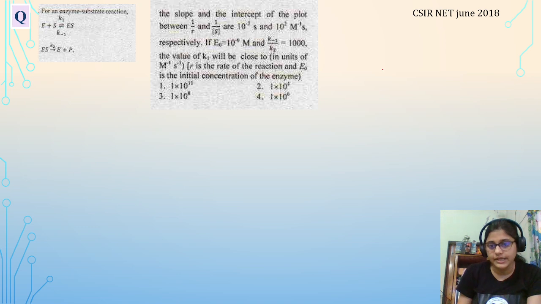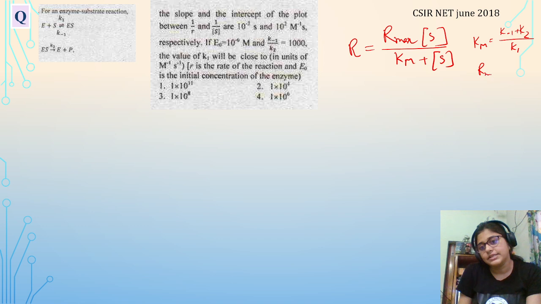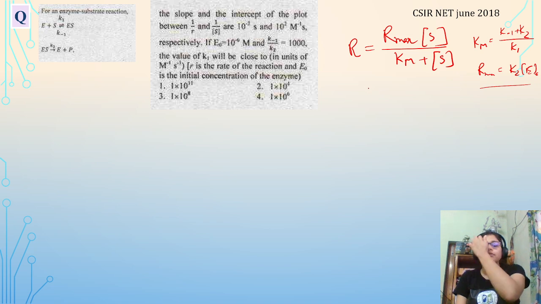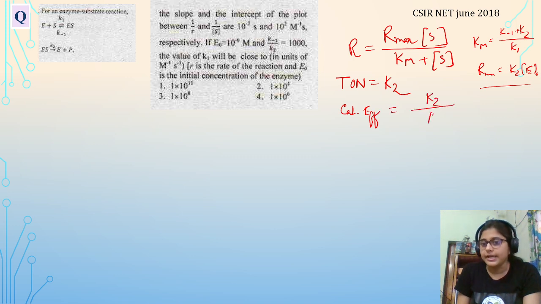R equals R max into S by Km plus S, where Km equals K inverse plus K2 by K1, and R max equals K2 into E0. The turnover number is equal to K2, and the catalytic efficiency equals K2 by Km.